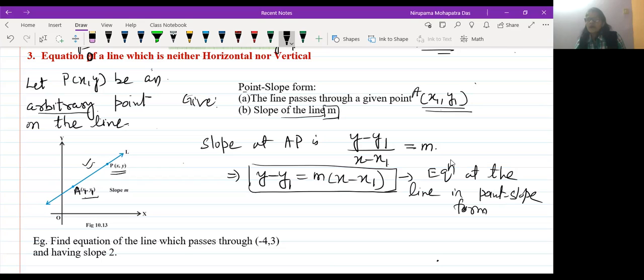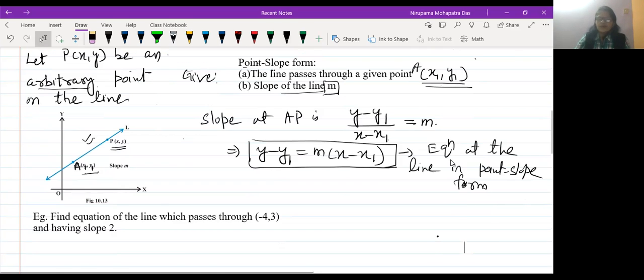I mean the line makes an angle, for example 75 degrees, with the positive direction of the x-axis. Then the slope can be easily found: tan 75 equals the slope of the line. So indirectly you are given the slope, right? Point given, slope given. In that case, we have to apply point slope form. Okay, so let me just take one question.